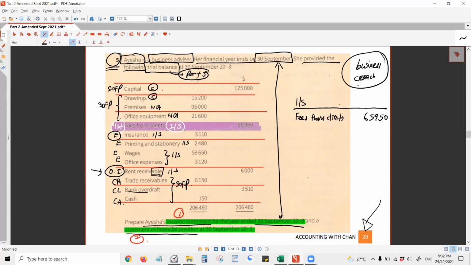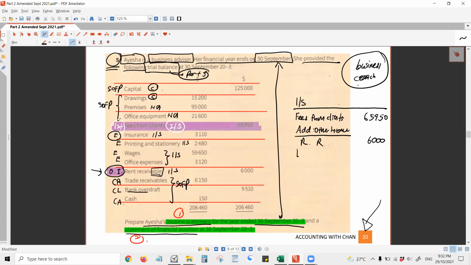65950. Then the other income section. Remember, we saw an other income here, the rent receivable. So you write the subheading, other income, draw a line, then write rent receivable. There's only one other income in this question, meaning you can put the number to the rightmost.